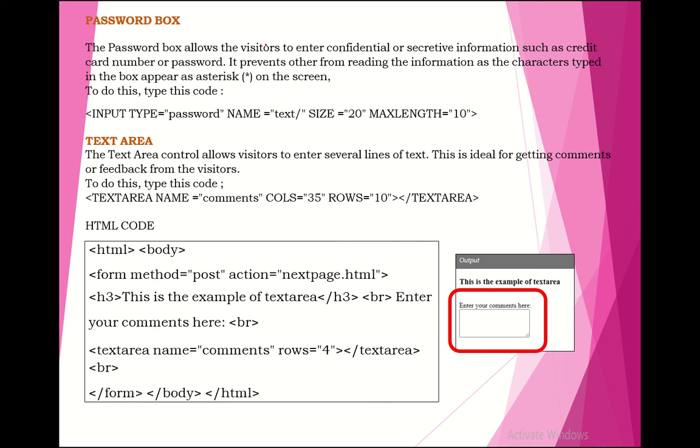Whichever information is secret or very confidential, we need to go for a password box. It prevents others from reading the information, as the characters typed in the box appear as asterisks on the screen. Whatever we type in the password box is converted into asterisks and you see the asterisks but not the characters. How to write that? Input type equal to password, name as text, size equal to 20, maxlength equal to 10. Important here is type as password.